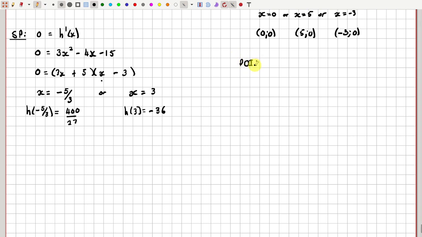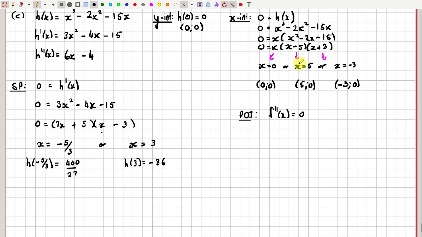Point of inflection will make our second derivative equal to 0. Like so. Second derivative is 6x minus 4. I don't know why I'll be using f now all of a sudden.